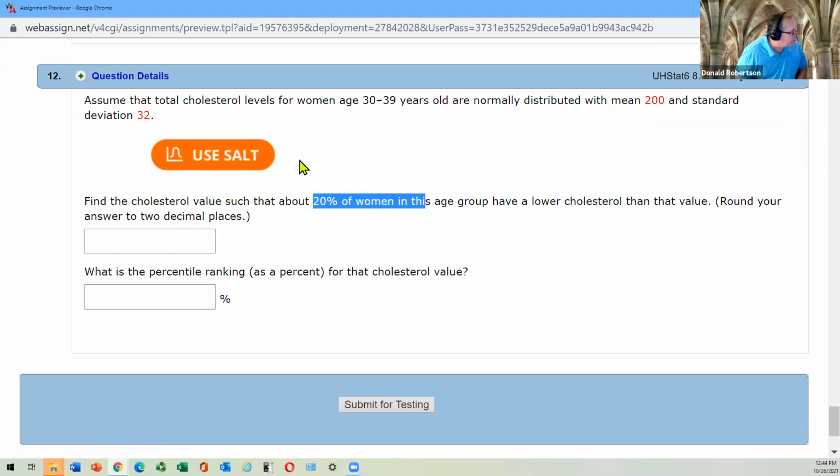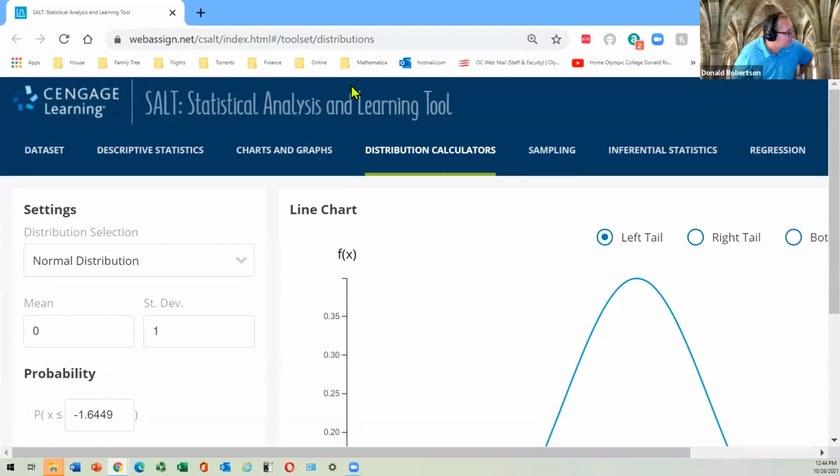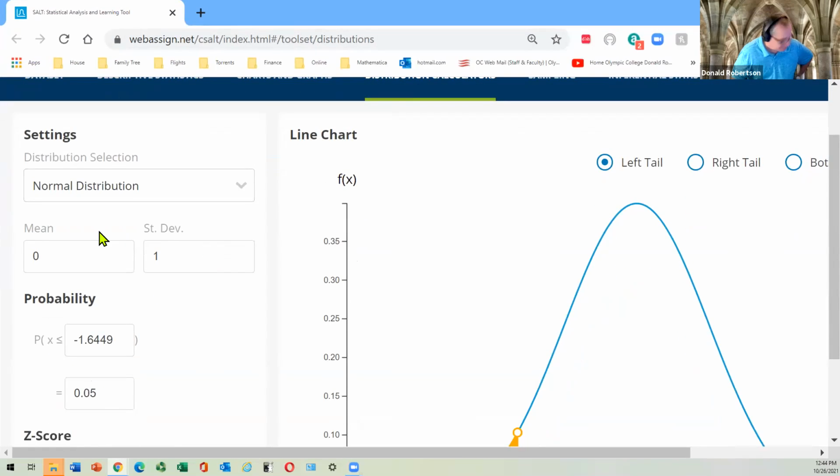So I'll just keep a note of the numbers. The mean is 200. The standard deviation is 32. So here it goes. Normally distributed. The mean is 200 in this story, and the standard deviation is 32 in this story.